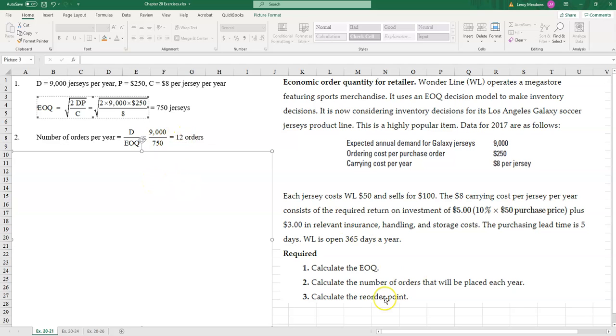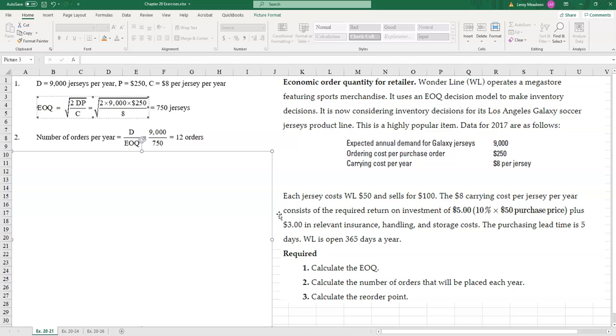Now, we're asked to calculate the reorder point. In this case, we need to know my lead time. My purchase lead time is 5 days. So I'm going to take my annual demand, divide it by 365 days, since that's the number of days I'm open.